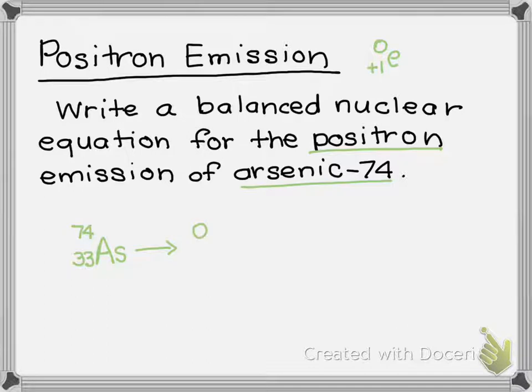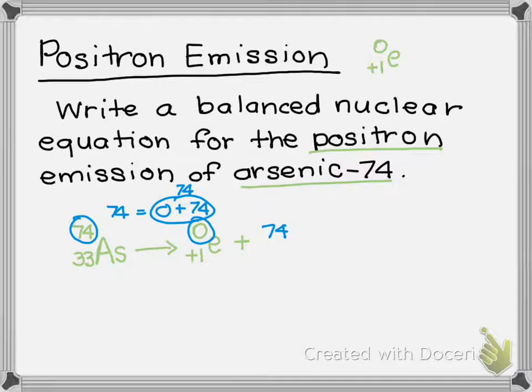So this says I have a positron emission, so I write my symbol for positron. And now I have to figure out the new nucleus that is formed. So on this side, I have 74, and that has to equal 0 plus some unknown number here. Well, to make both sides equal, that unknown number must be 74, because 74 plus 0 would equal 74.